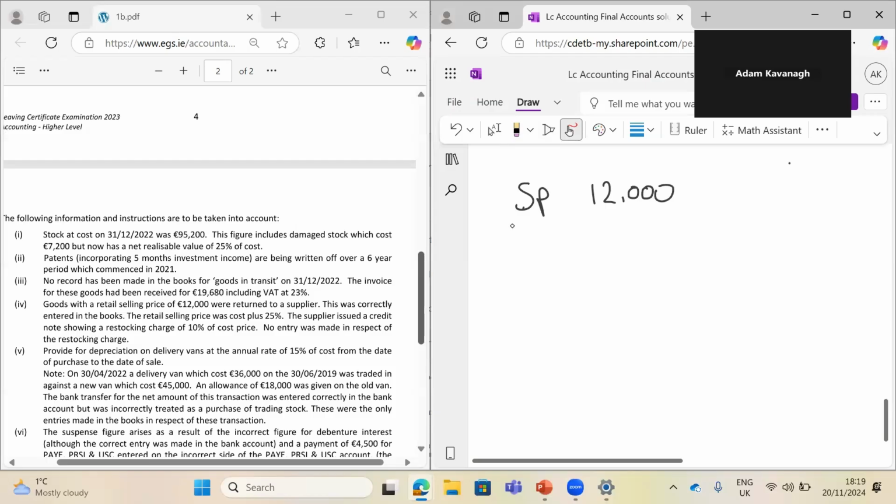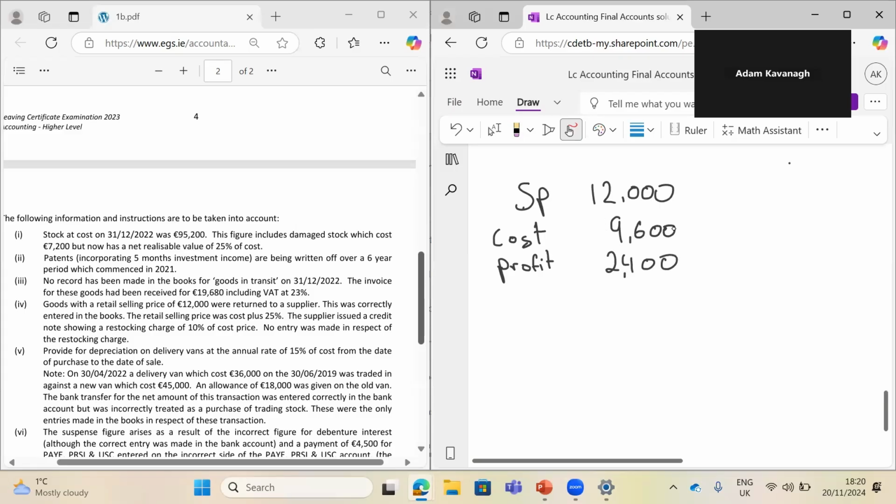Now included in that is obviously the cost for us, and then the markup or profit, the added charge that we've put on top after we've bought them. So the 12,000 represents cost plus 25%. Okay, so if you divide by 125, multiply by 100, you'll get 9,600 as the cost, leaving 2,400 for the profit.